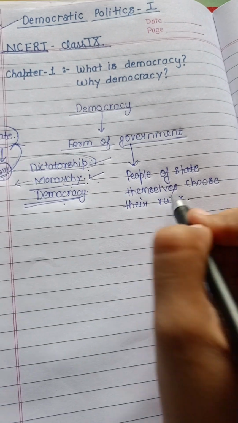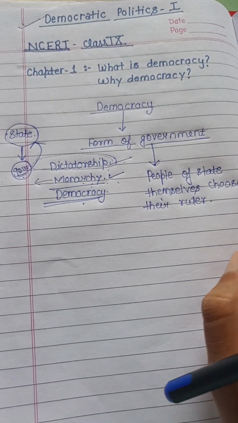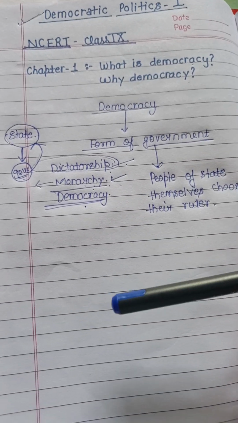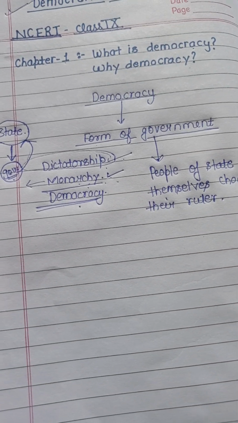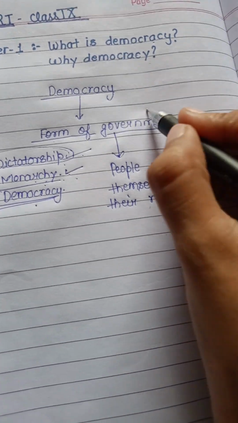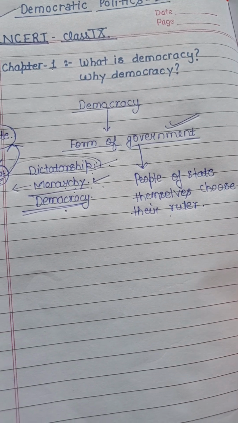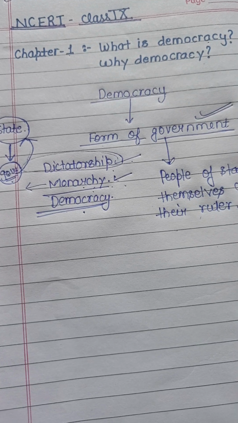Here what happens? After a regular interval of time, elections are held in a country, and in the election process, those who get the highest votes, or depending upon whatever the criteria is, become part of the government. So here the government needs to be accountable and responsible. Otherwise there is a chance that they will lose the next elections and some other people will then form the government.